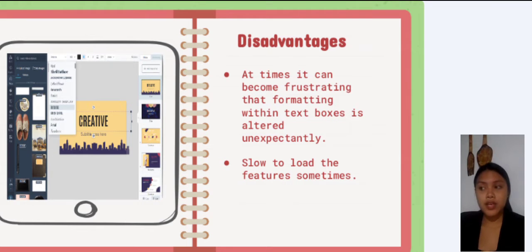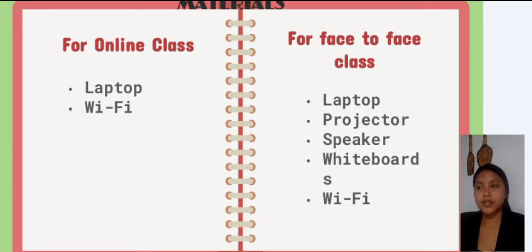The disadvantages: at times it can become frustrating that formatting within text boxes is altered unexpectedly, and the features are sometimes slow to load. The materials for online class are a laptop and Wi-Fi. For face-to-face class, a laptop, projector, speaker, whiteboard, and Wi-Fi.